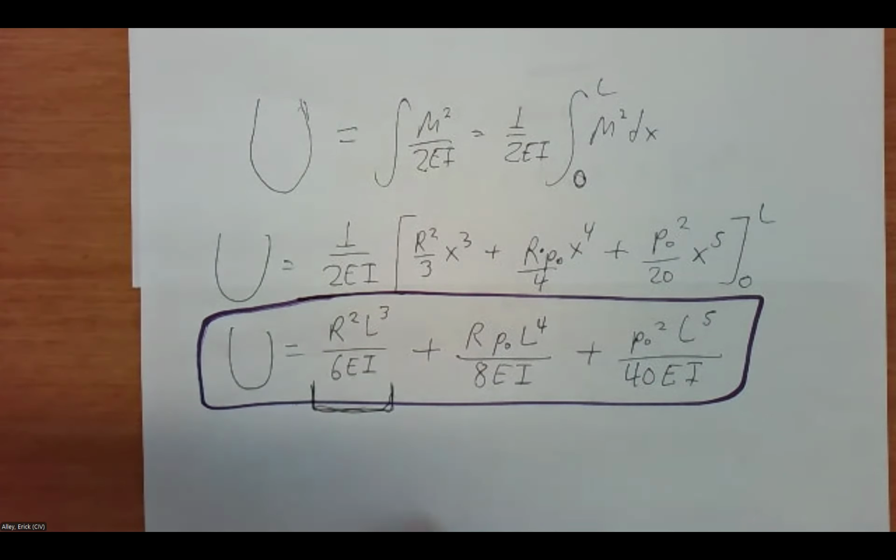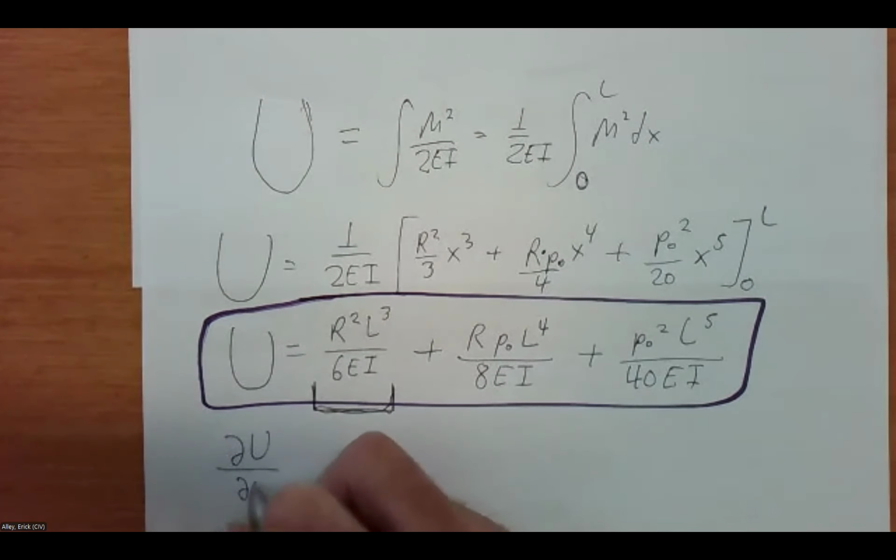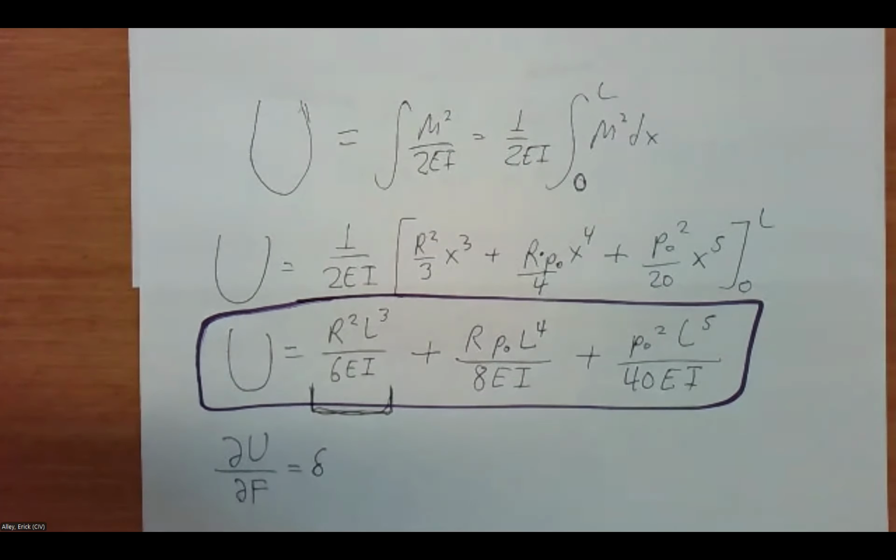Now, our Castigliano theorem said partial U, partial force to get a displacement, and that means it has to be at a specific spot. So we can't take any dU, d distributed value, okay? So the P naught term can't be used in Castigliano. We can only use the concentrated or single spot point loads.